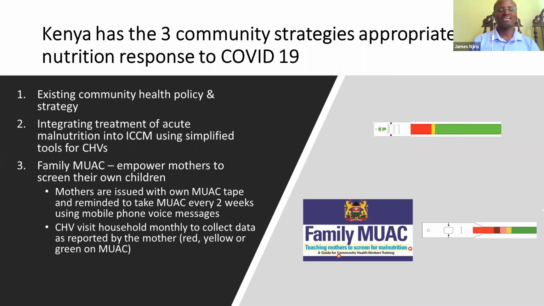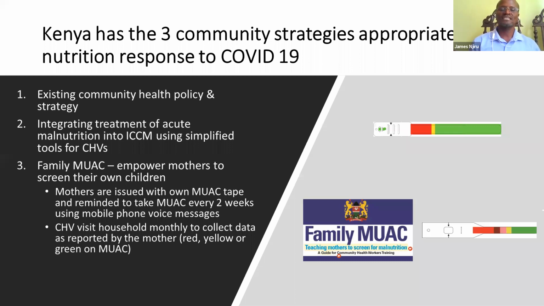So these interventions had already gotten buy-in from the government, and therefore it has become easier to include them into the program guidance that between last week and this week is what is being released for use in the country in terms of these adaptations.